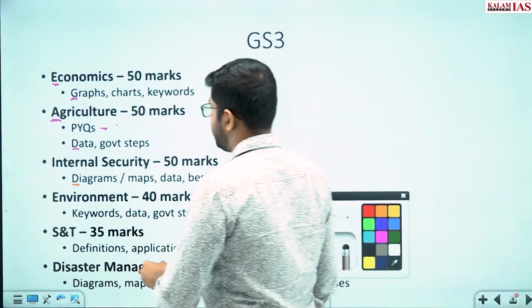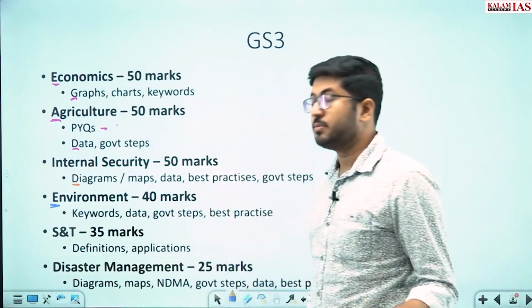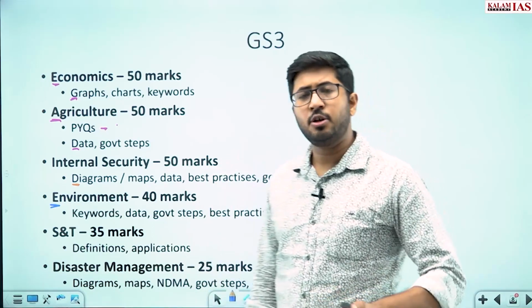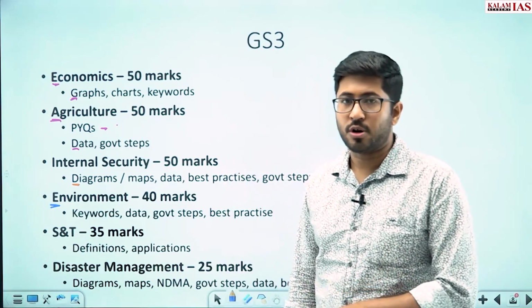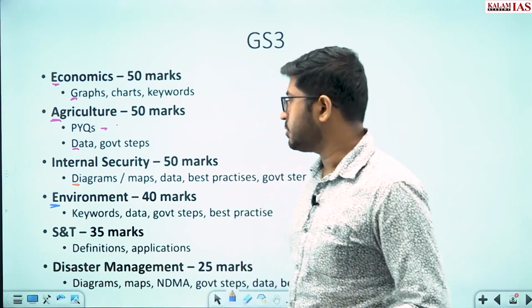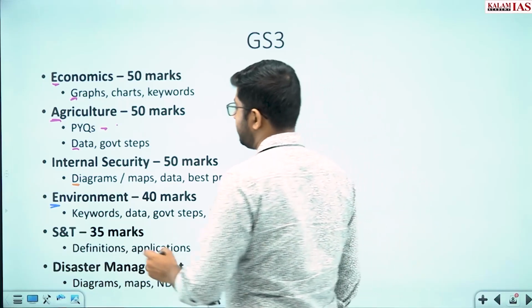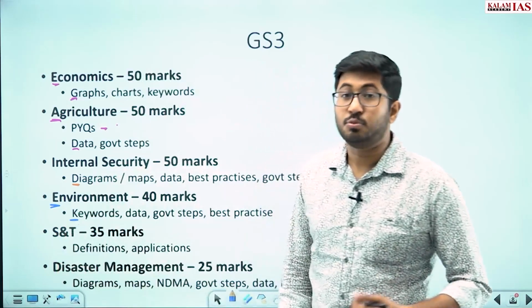Now coming to the environment. Environment is very dynamic, and a lot of the syllabus overlaps with your prelim syllabus. So themes here also are more or less fixed only. Pollution of air, land or water, or climate change and related issues. Here the keywords become very important, like carbon capture and utilization, blue hydrogen.